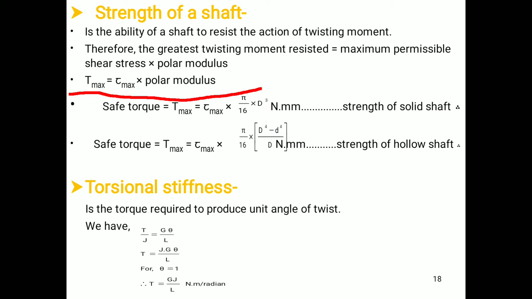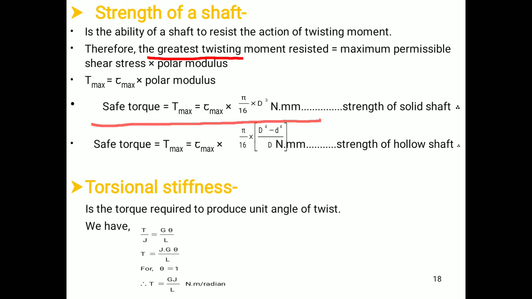Now we are going to find out the value of strength of the shaft for the solid section and for the hollow section. So for the solid section we have shaft torque, that is T maximum is equal to tau maximum into pi by 16 into D cube, because as per the definition we have discussed, the greatest twisting moment resisted is equal to maximum permissible shear stress into the polar modulus.